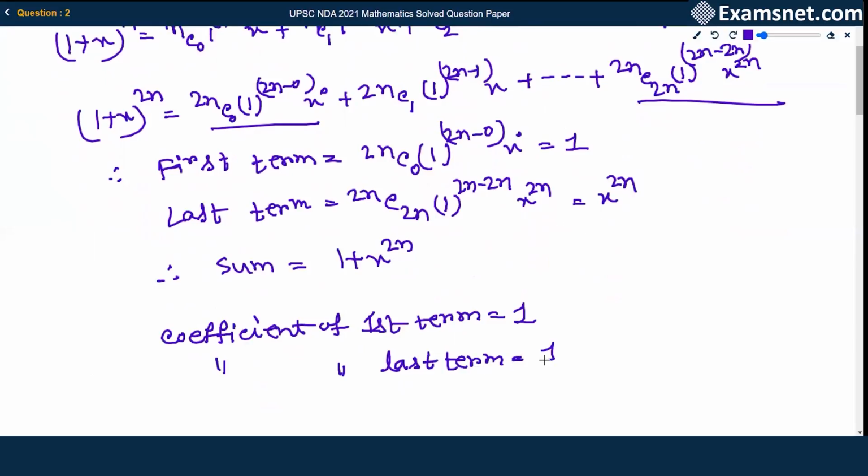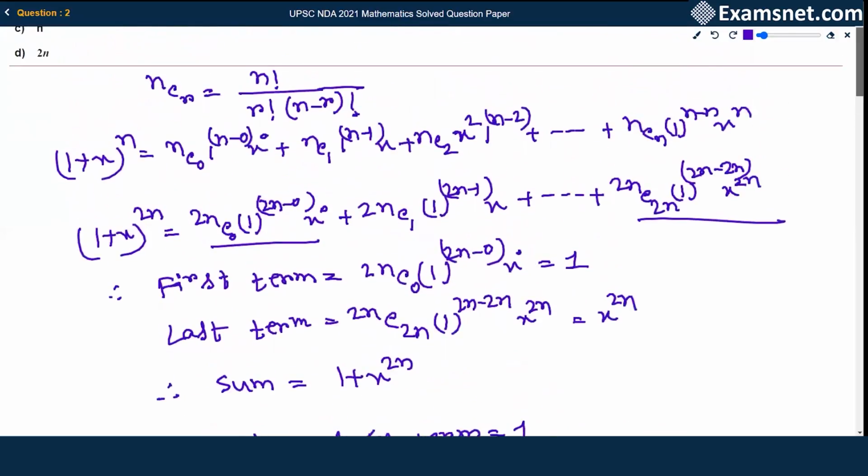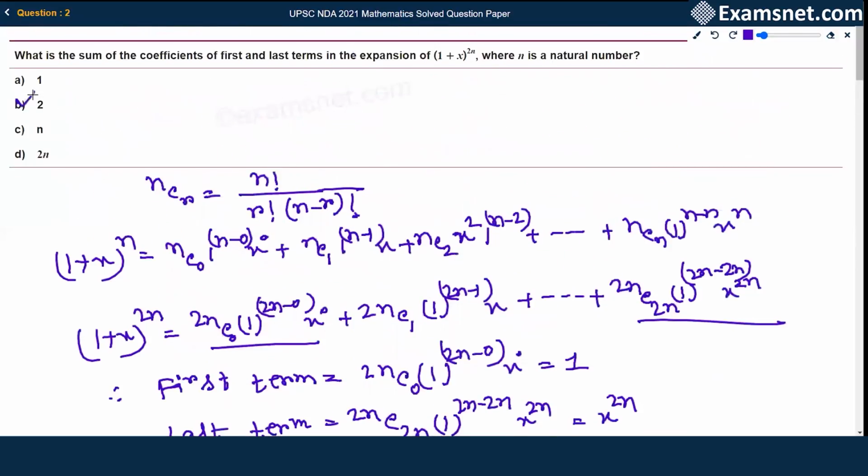That means the coefficient is again 1. So therefore, the sum of coefficients is 1 plus 1, that is 2. So here option B is the correct answer.